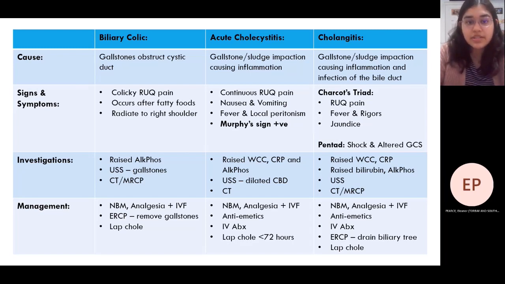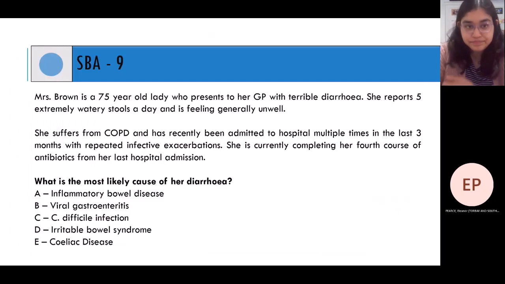So your main priorities are focusing on stabilizing this patient, and they will often need to have a drainage of their biliary tree, which can be done via ERCP, based on where the stones are located, and obviously them presenting with jaundice and biliary stagnation.